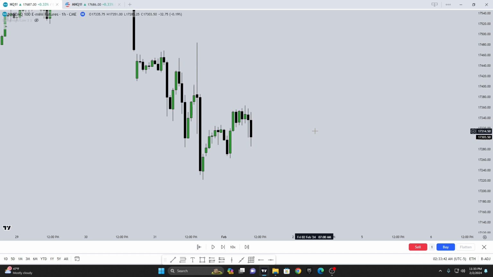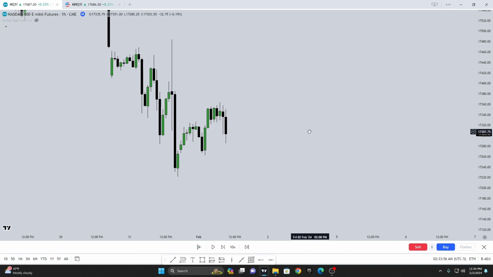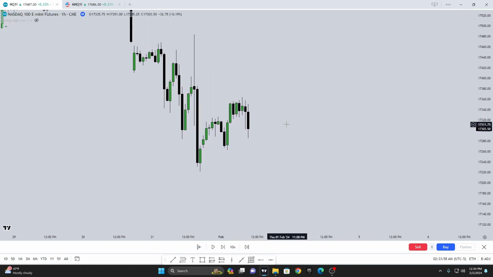But if you're a beginner in this model, it's better to start from 10 and then gradually make your way up to 20 and then 30. Let me show you guys right now on the charts how to properly execute this.